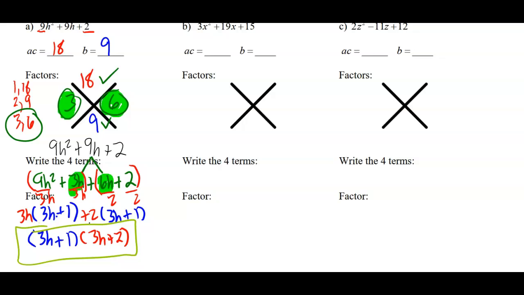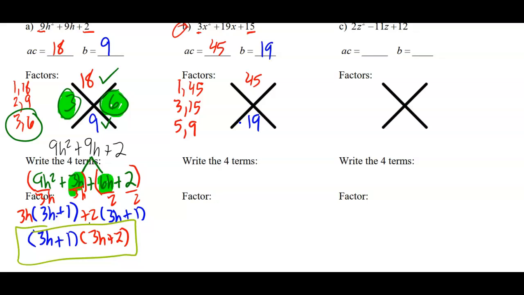All right, so let's see. 3, 15 for B, 45. 1 and 45, 3 and 15, 4 does not divide, 5 and 9. Okay, on the bottom, on the B, I'm looking for 19. So I'm looking for two numbers that add to 19 and multiply to 45.